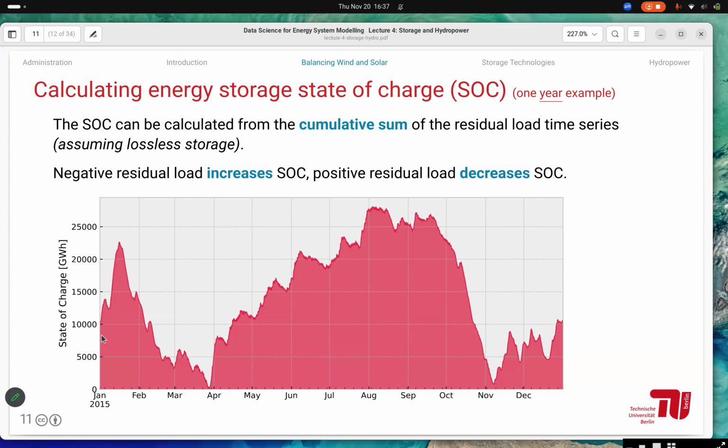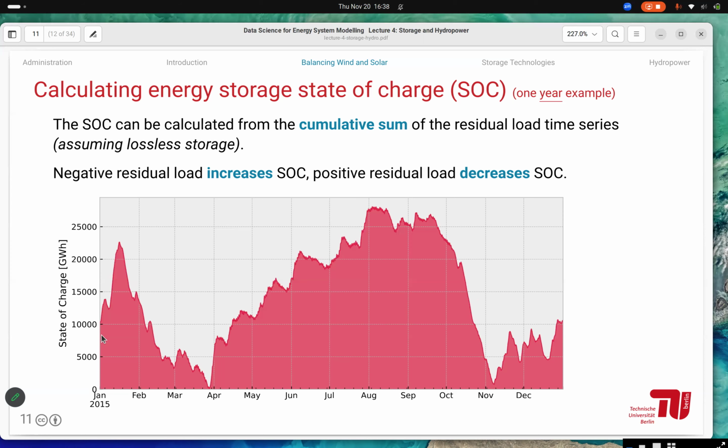It's constructed. What you see in modeling, in many cases, is that you make some assumption about the initial state of charge. In many cases, you have something like a cyclicity constraint. So typically in energy capacity expansion models that we're going to look at in a couple of weeks, you will have 1 year or maybe 2 years of weather data.